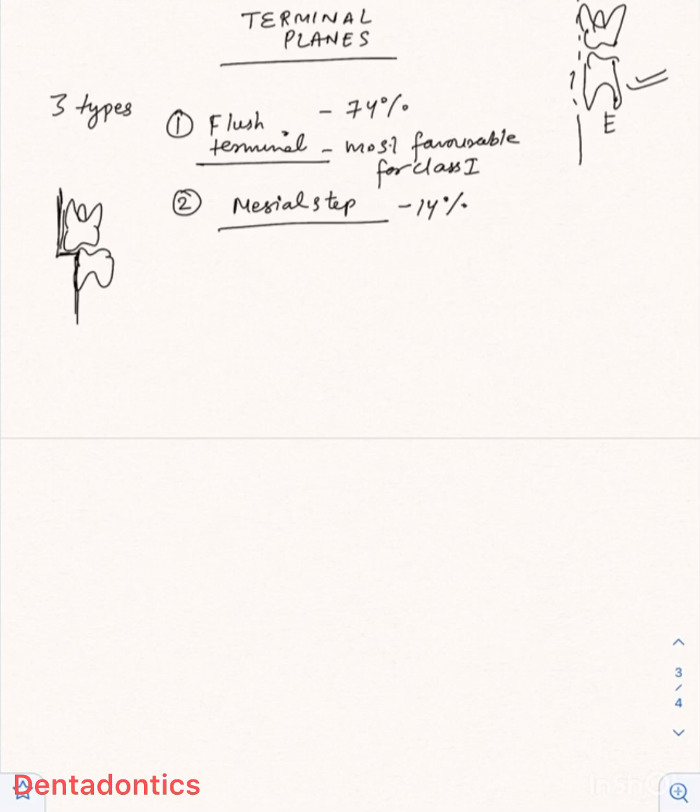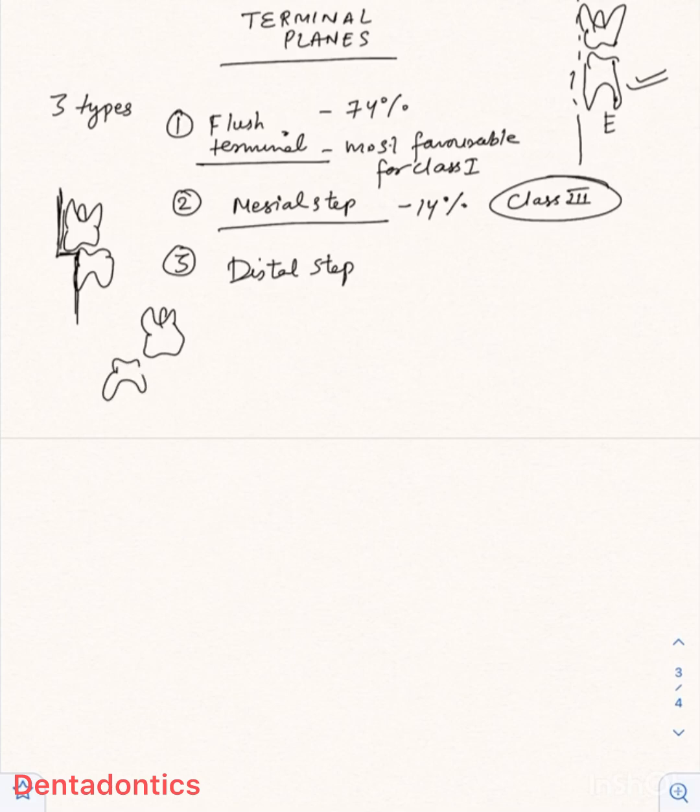The third one is distal step. In this, the mandibular primary second molar is slightly distal to the upper primary second molar, and this converts into class 2, and it occurs in 10% of the population. So the flush terminal is the most common and distal step is the least common.